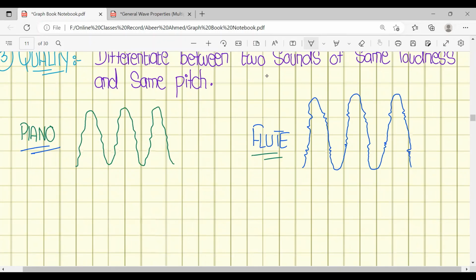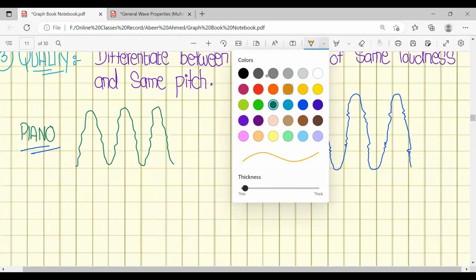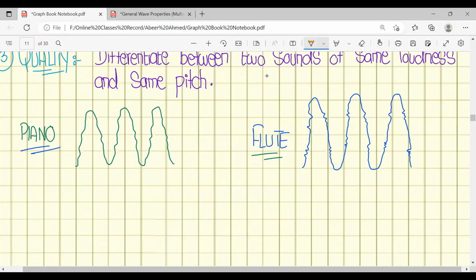The piano has a wavy or shaky type of wave, and the fluid is somewhere shaky and somewhere smooth. Suppose this part is shaky, this is also, and somewhere it is smooth. Which means there is a difference of orientation in the waves of these two sound sources.